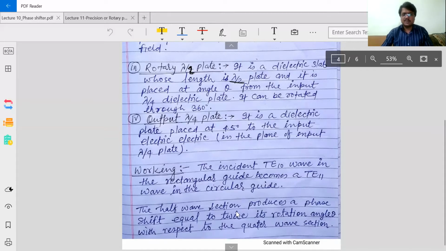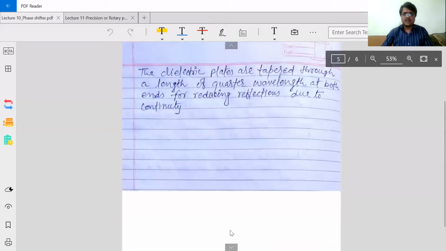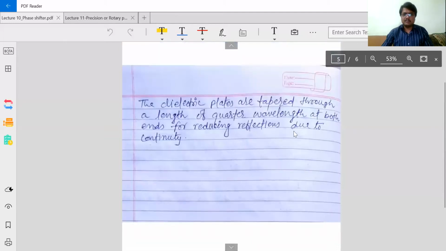The half wave section produces a phase shift equal to twice its rotation with respect to the quarter wave section. The dielectric plates are tapered through a length of quarter wavelength at both ends for reducing reflection due to discontinuity.